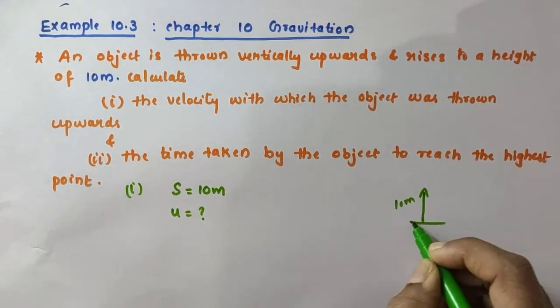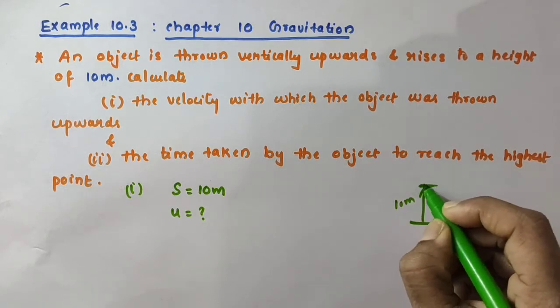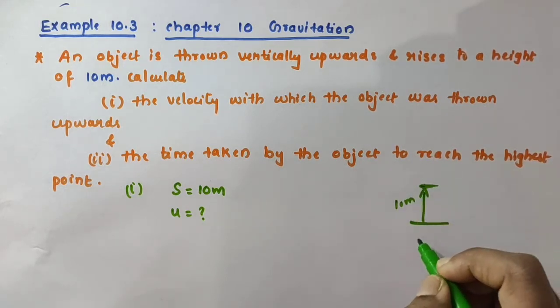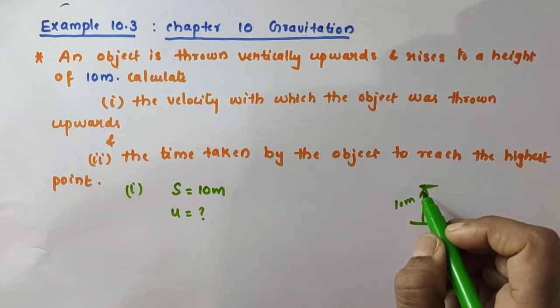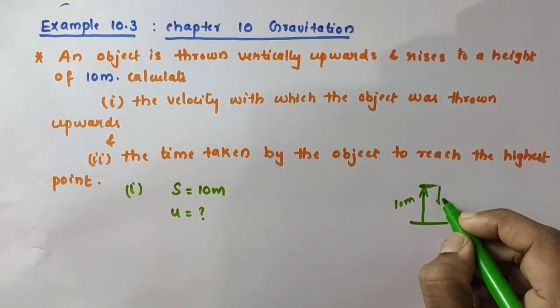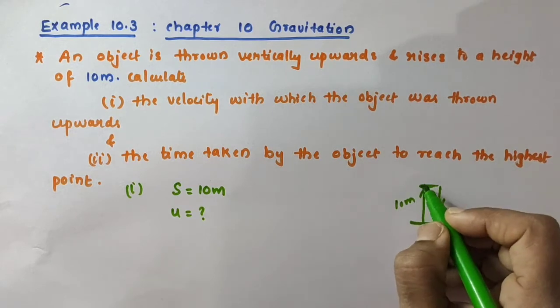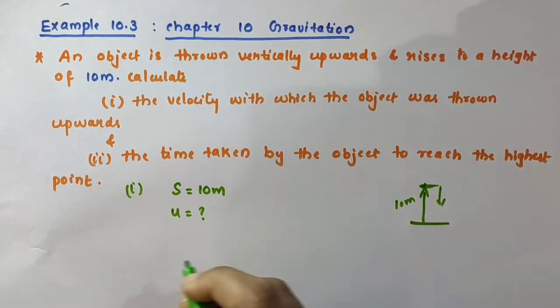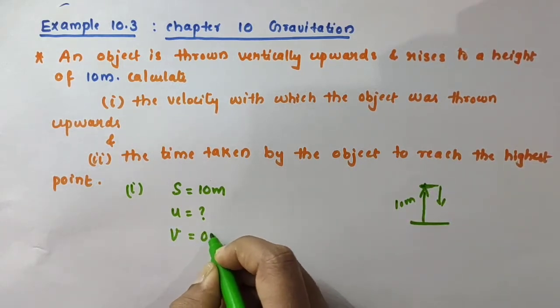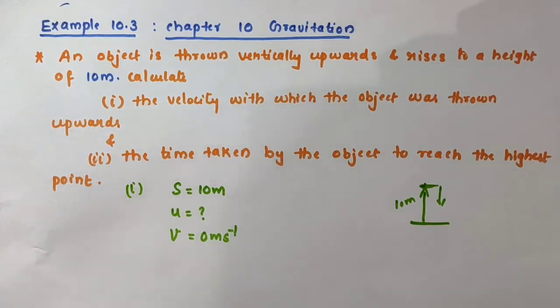Let us imagine this as the ground and the object reaches here, to a height of 10 meters from the ground. After reaching this highest point, it comes downward. At the highest point, its velocity v is equal to 0 meter second raised to minus 1.